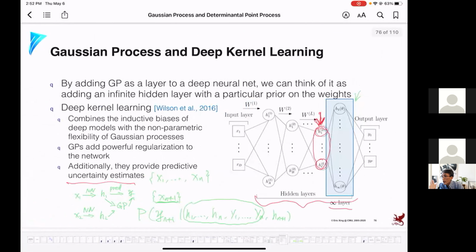On the rightmost side we have y1 through yp, right? Then one layer before it we have H1L all the way through HCL, right? And I thought those are individual neurons at that layer. So then we can think about H1 through HC values as the Y.